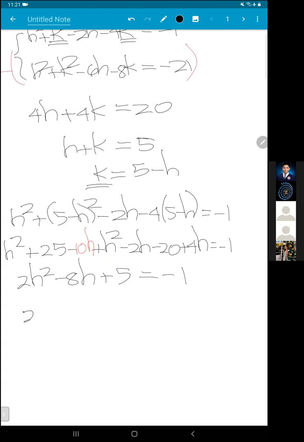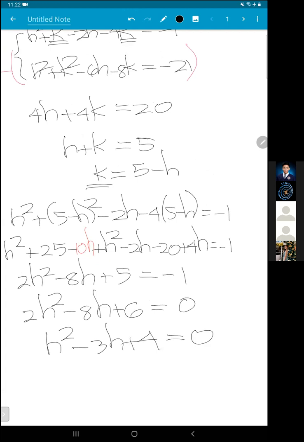And then quadratic, 2h squared minus 8h plus 6 equals 0. Divide by 2 equals 0. This is factorable. H minus 4h plus 1 equals 0. So you can check negative 4h tsaka 1h is negative 3h.